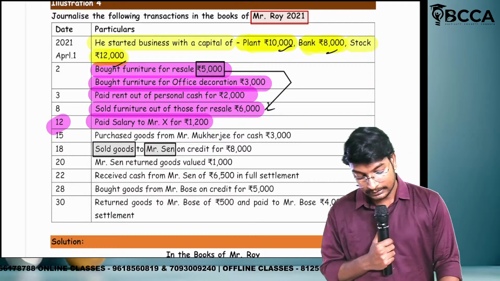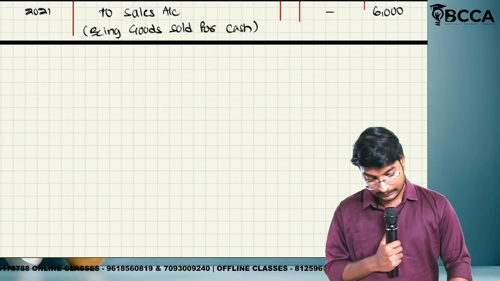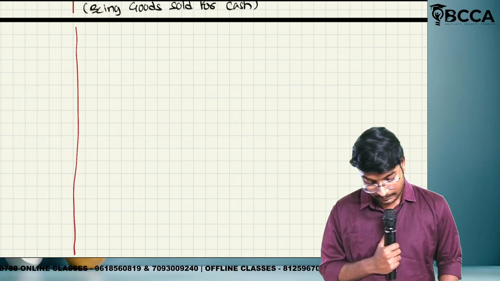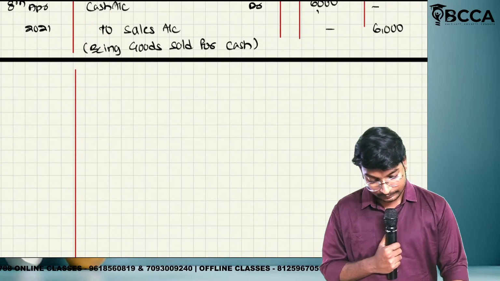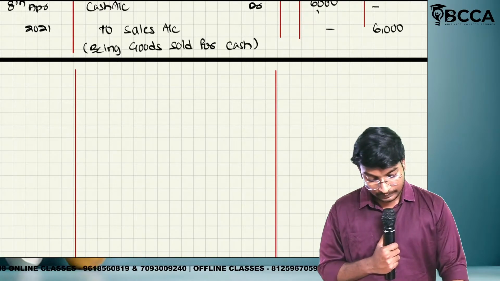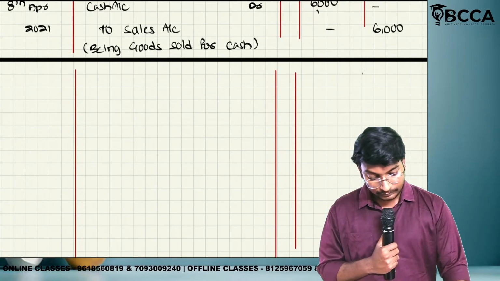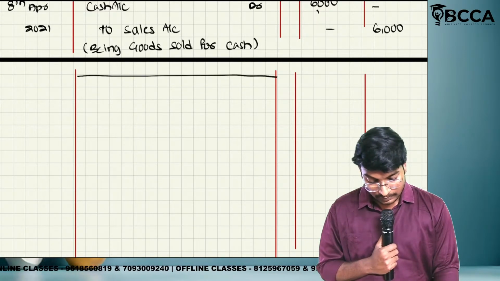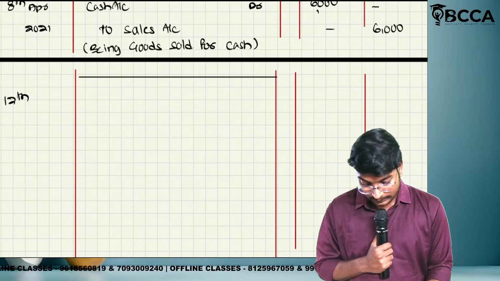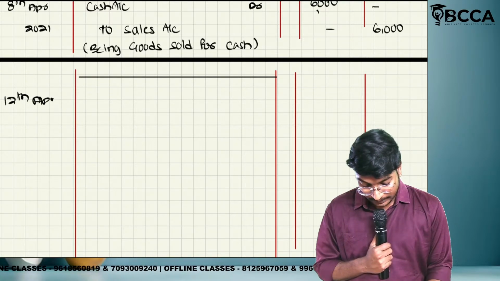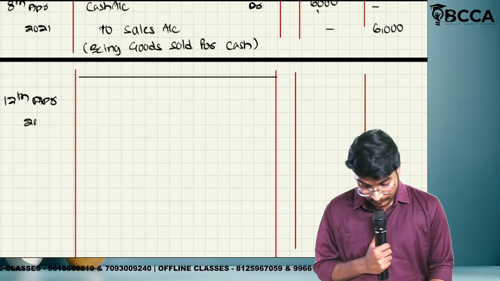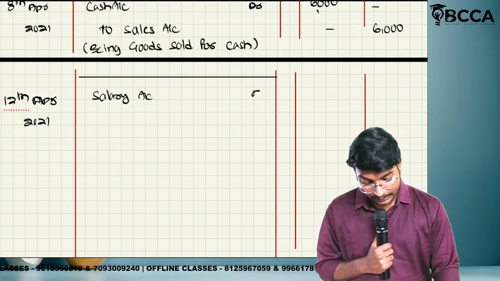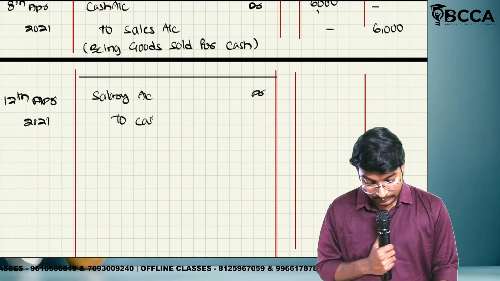So 1200. So 12th April 2021, salary account debit to cash account.